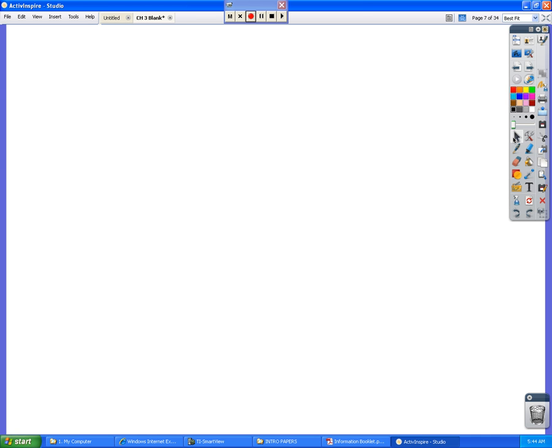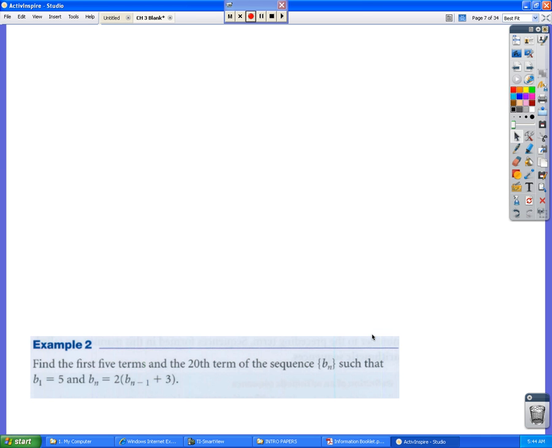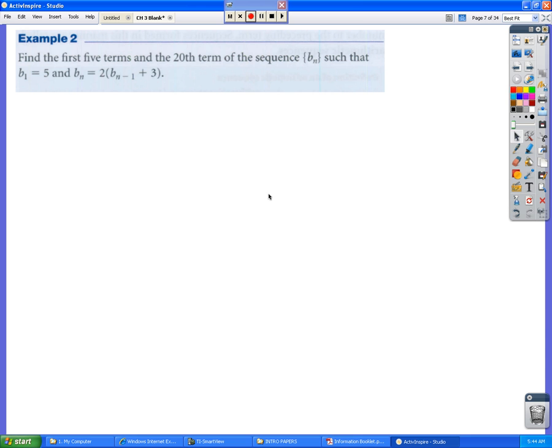Let's do an example just to make sure you understand the definition. Find the first 5 terms and the 20th term of the sequence. We will not be finding the 20th term because it's going to take a very long time. This right here is considered our starting statement. Also, you could call it your initial.